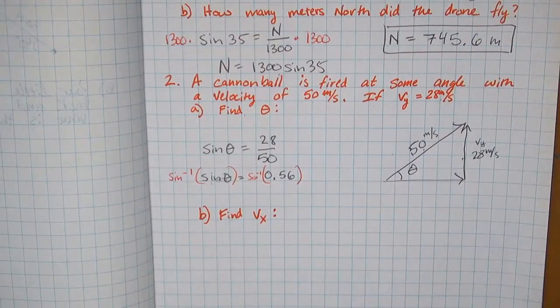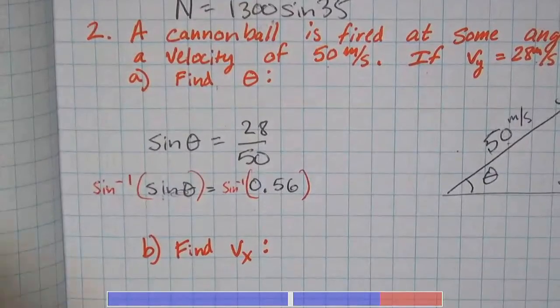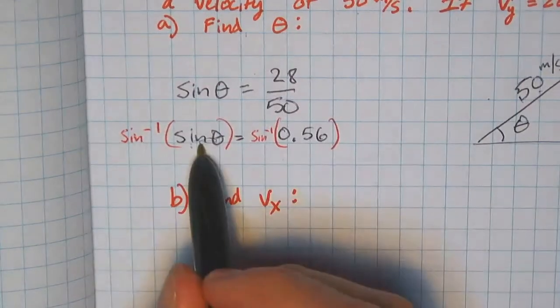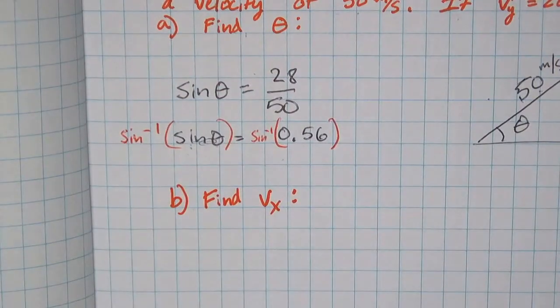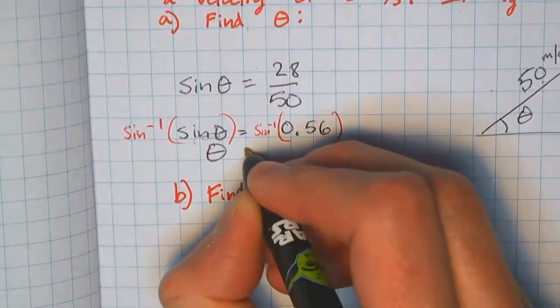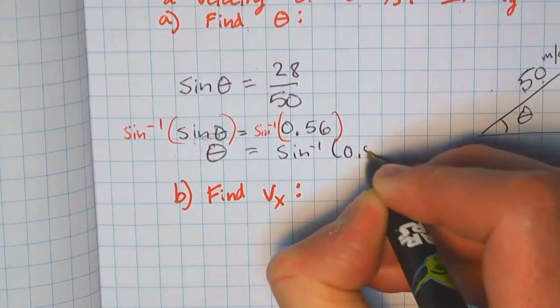So let's see here. It's a little zoomed out, I think, but there you go. When you inverse sine sine, you just get theta. It undoes it. So you get theta is equal to the inverse sine of 0.56.